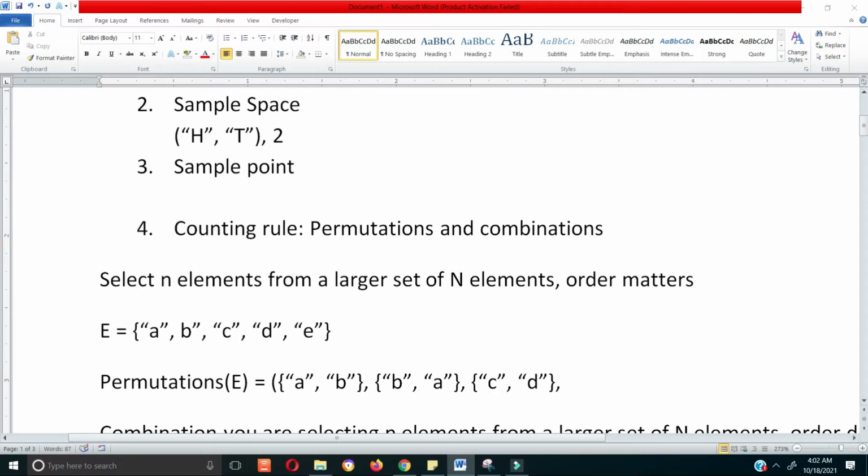So essentially here, if you flip the order, it's a different experimental outcome, and therefore it expands the sample set.